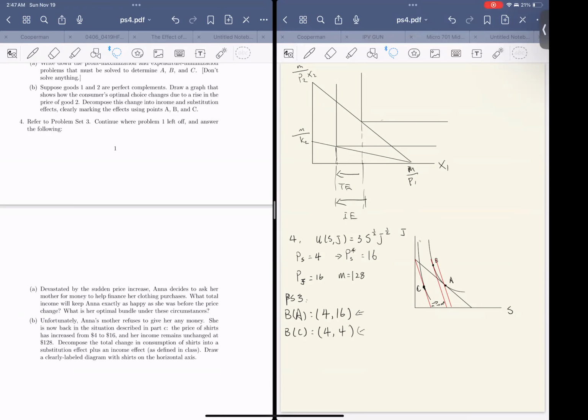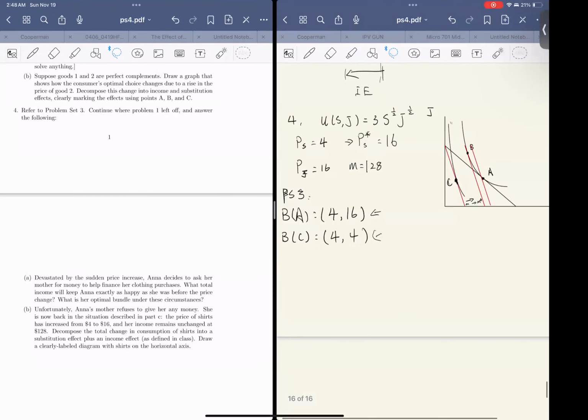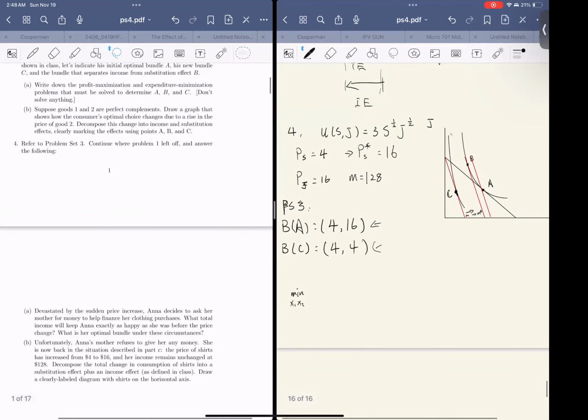So this is for part A, it's the expenditure minimization problem where we minimize over x1, x2 using the new price, which is 16.